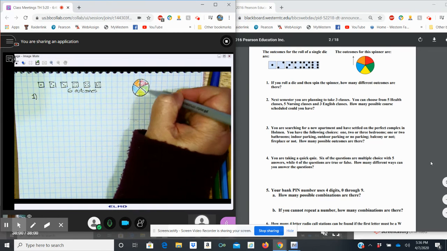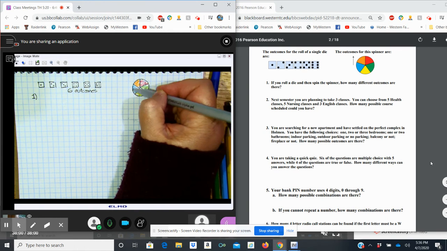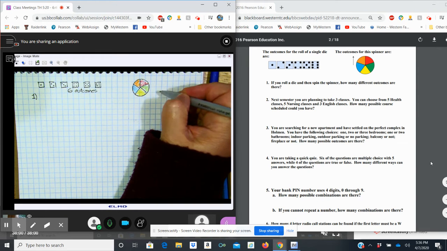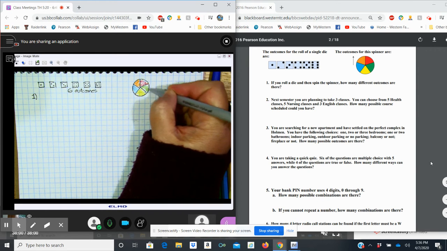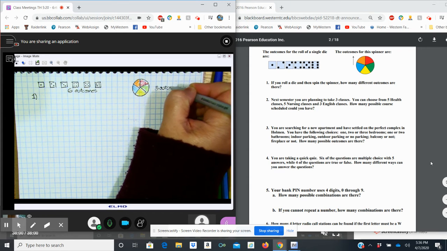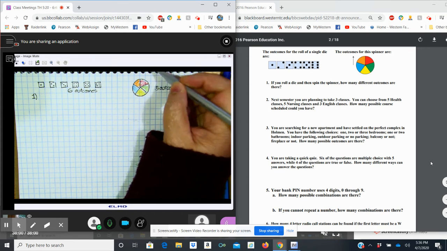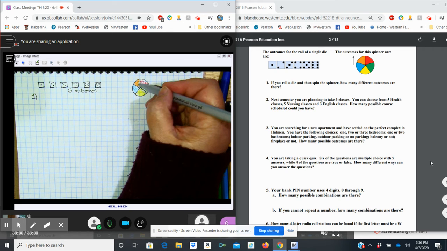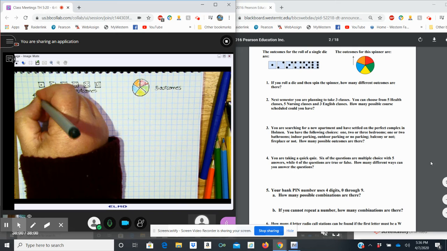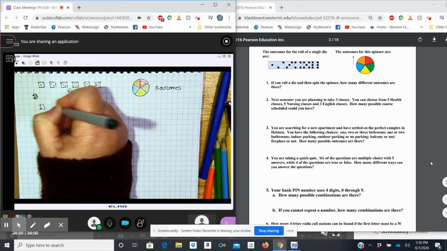And based on this spinner, how many different outcomes are there for colors? There are 5 outcomes for this spinner. You could land on red, green, yellow, blue, or orange. Okay? So, I'll move this down.